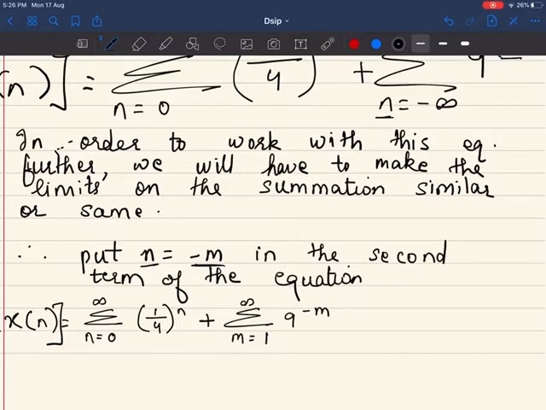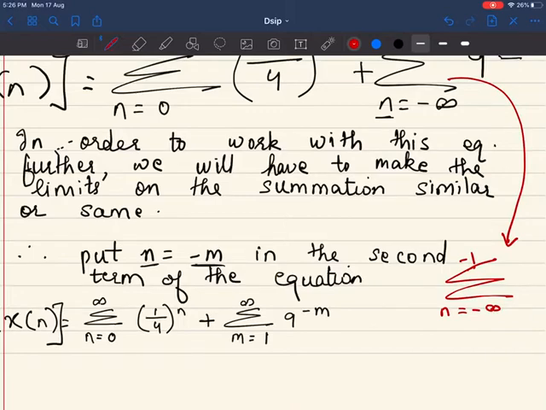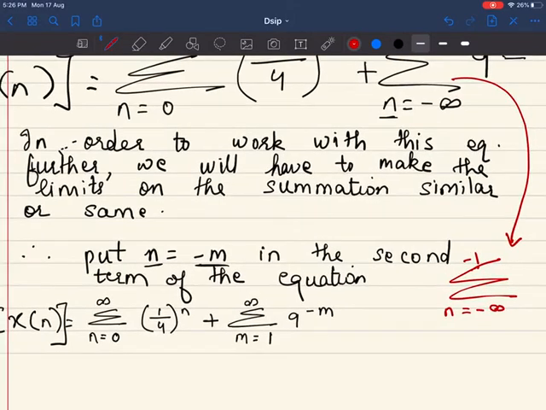I'll just write it down over here so that it becomes clear for you all. What happened to these limits was my n is equal to minus infinity to minus 1. So in place of n I wrote minus m. Everything was negative over here, so I struck out the negative part.